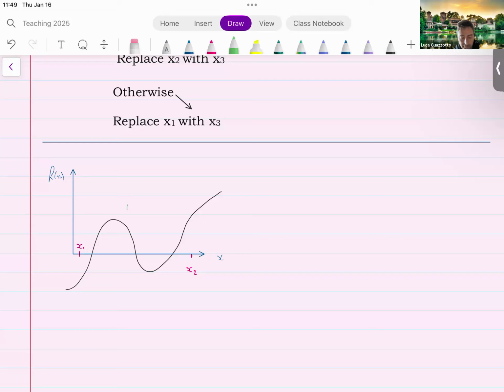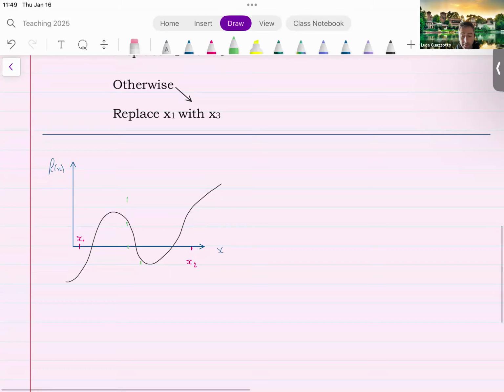It's a positive value, so I take this as x3, and then you're going to find the solution on the left. Or maybe the first point is here, then I'm going to find the solution on the right or whatever. But you're going to find it.